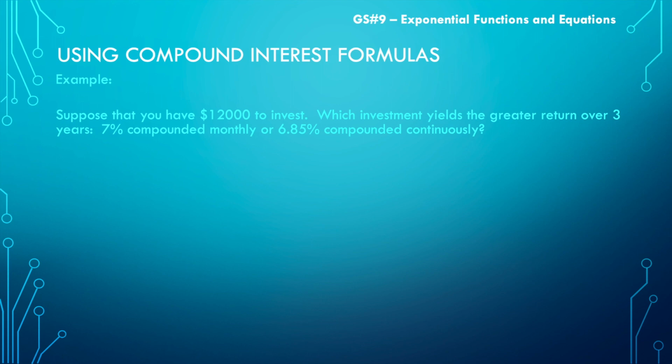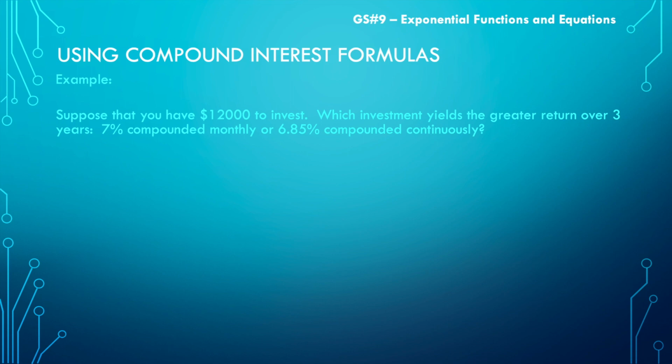So I have two scenarios of where I can put my money, and this is a real life thing. Wouldn't you want to make the most money if you had money to invest? Wouldn't you want to know where your money is going to grow the most? If that's true, we want to run the numbers, right? We want to run the numbers if we use that 7% account or if we use that 6.85% account.